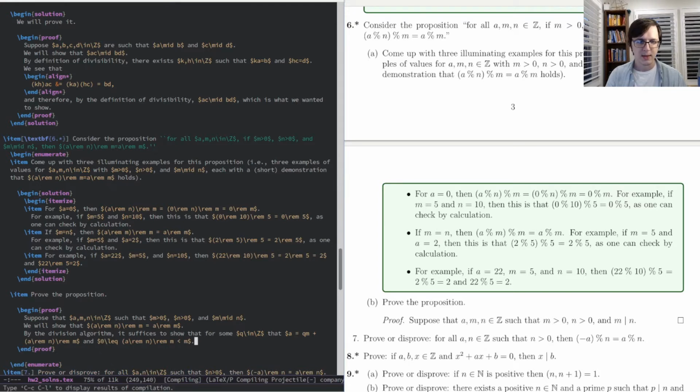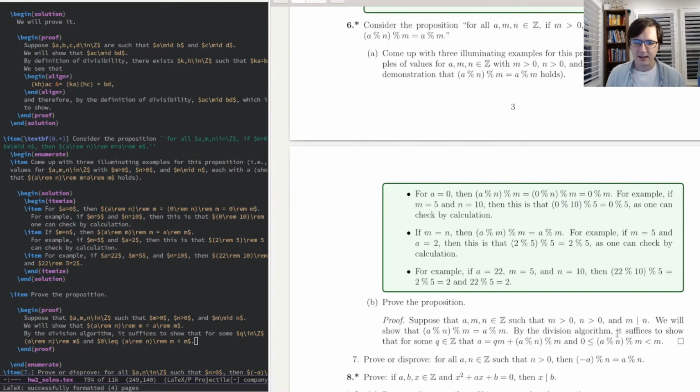Because that means that by the division algorithm, q is the quotient in this expression, and this number is the remainder. And by uniqueness of division, this number would equal this number.